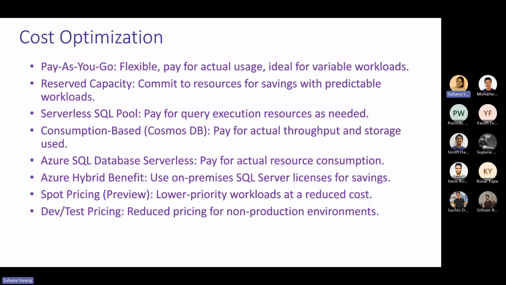Regularly monitor the resource consumption and adjust resources as needed to avoid over-provisioning. If we restrict the needs, then based on that, it will reduce the workloads, and it will consume only for the actual usage.